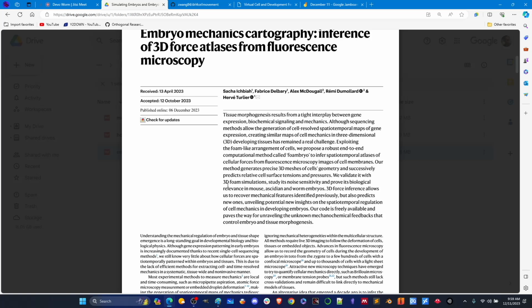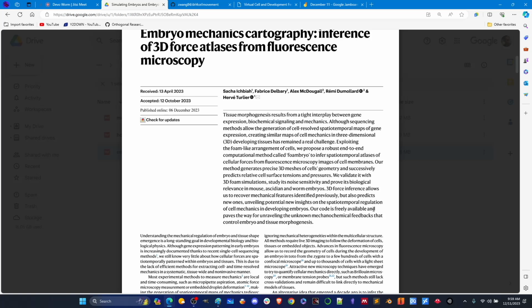We validate it with 3D foam simulations, study its noise sensitivity, and prove its biological relevance in mouse, Ascidian, which is the sea squirt model, and worm embryos. That's for C. elegans. 3D force inference allows us to recover mechanical features identified previously, but also predicts new ones, unveiling potential new insights on the spatiotemporal regulation of cell mechanics in developing embryos.